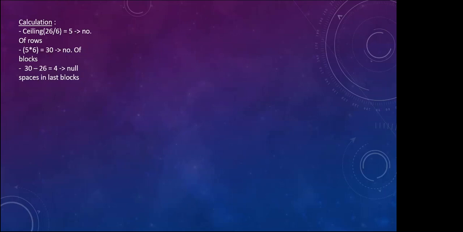Then we see how many blocks there are, that is 6 into 5, where 6 is the number of letters in the keyword. After knowing the number of blocks, we subtract the number of letters in the ciphertext, which gives us the number of null spaces in our block.